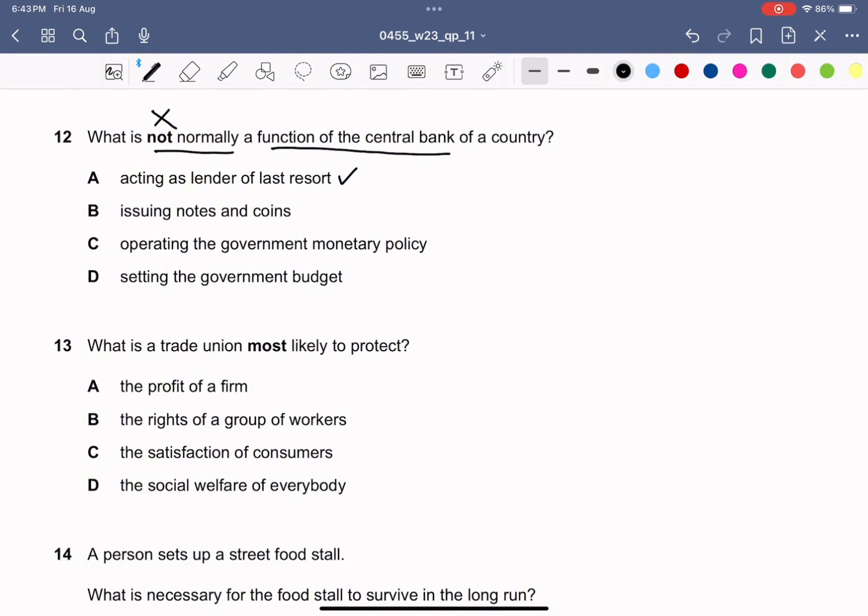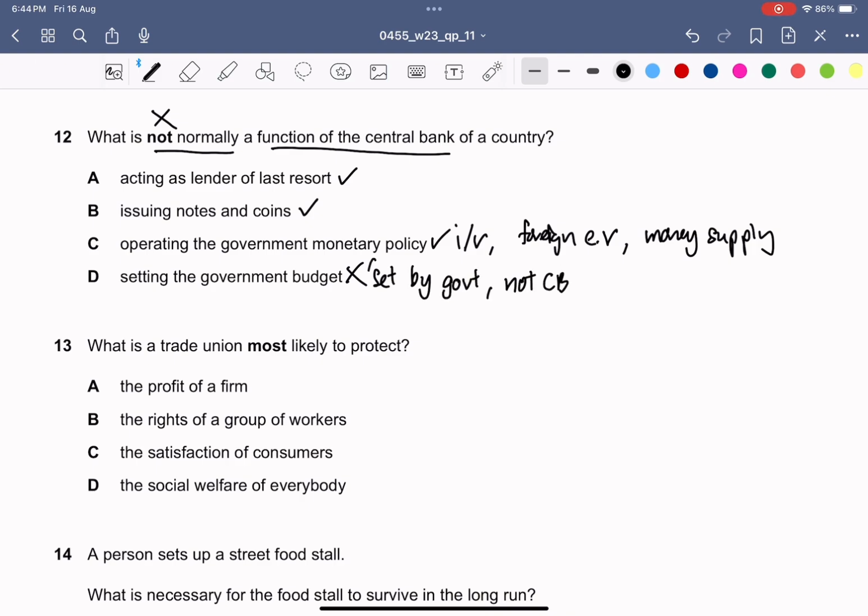B. Correct. C. Operating the government's monetary policy. Yes, they control interest rates, foreign exchange rates, and money supply. D. Setting the government budget. No. The government budget is set by the government itself, not the central bank. It is under fiscal policy.